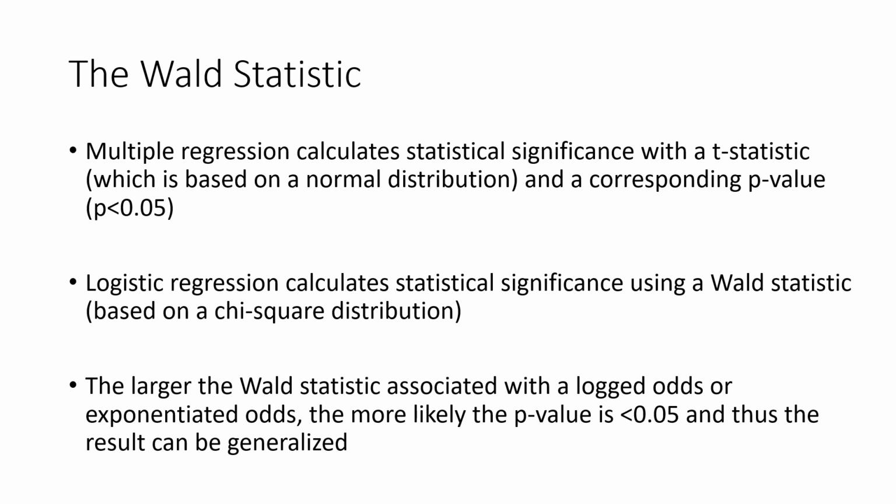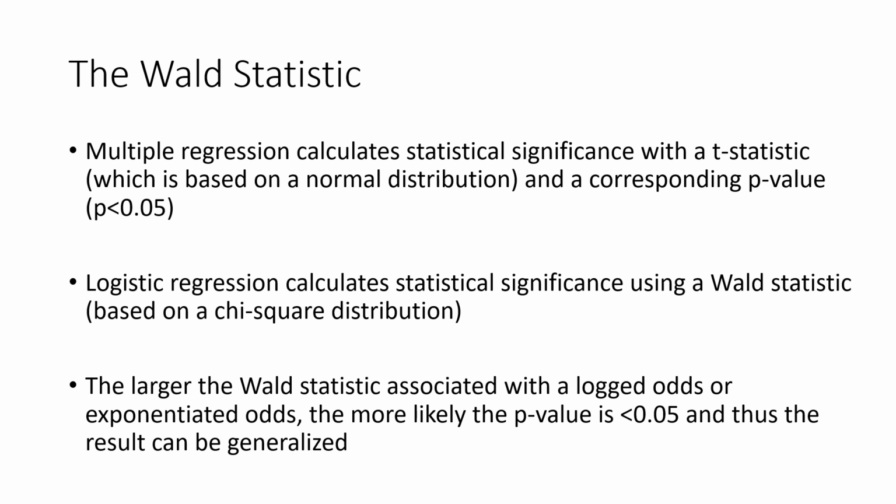The t-statistic and the f-statistic are based on a normal distribution. They're parametric tests. Logistic regression, on the other hand, when it creates a Wald statistic, doesn't use a t-distribution or a normal distribution. Instead, it uses a chi-square distribution, which we learned about in a previous chapter where we looked at the chi-square test.